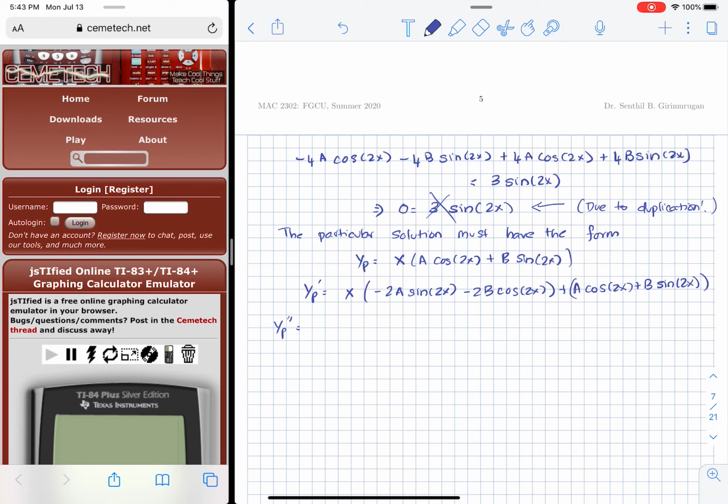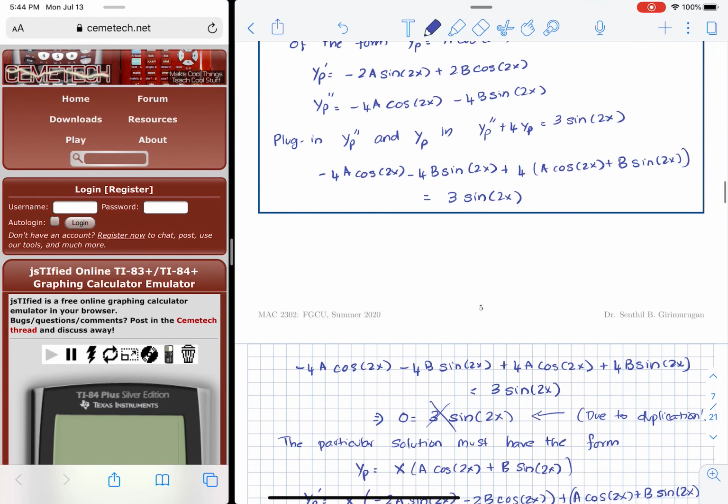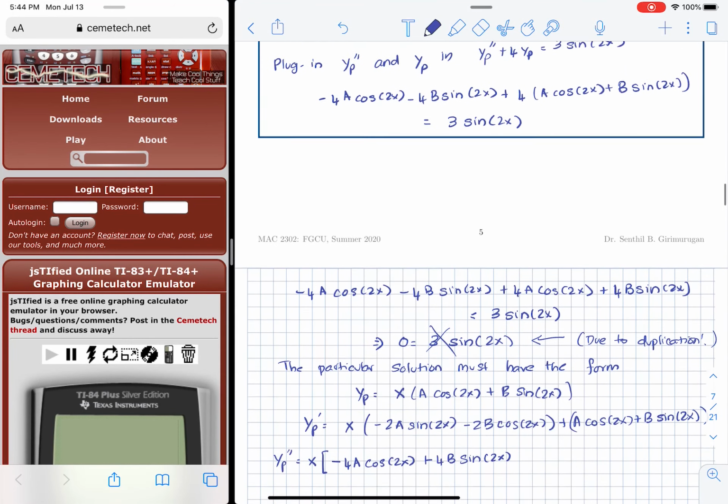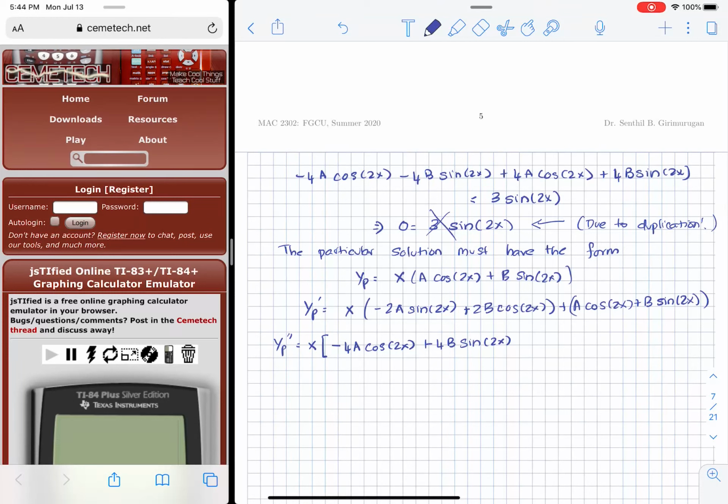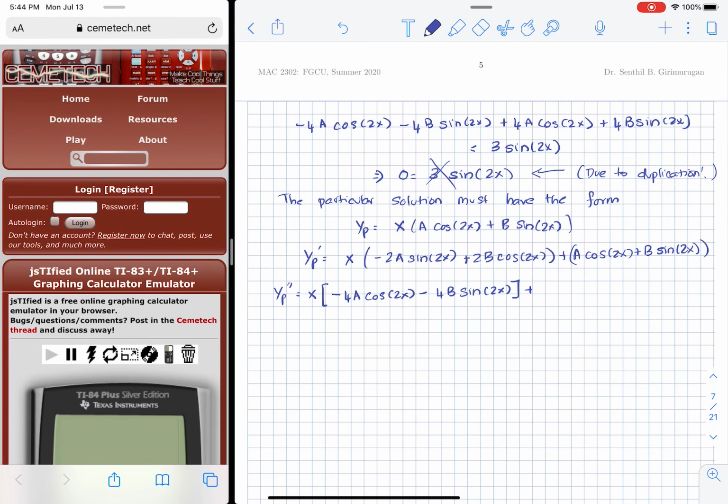Yp double prime is x times minus 4a cosine 2x minus 4b sine 2x, and then, that's product rule, minus 2a sine 2x plus 2b cosine 2x multiplied by 1, and the last term minus 2a sine 2x minus 2b cosine 2x.